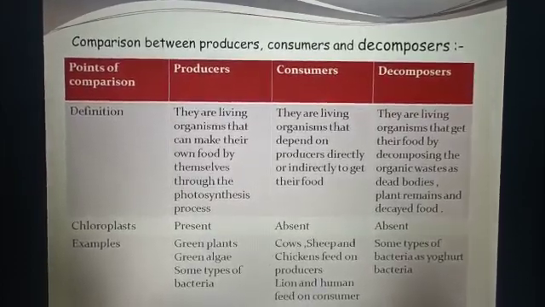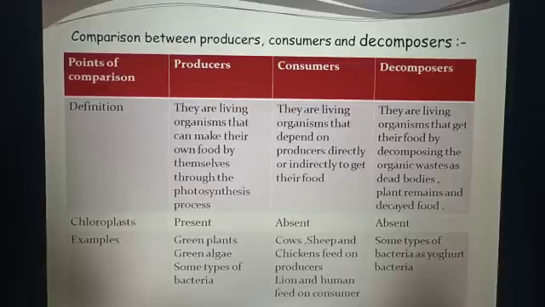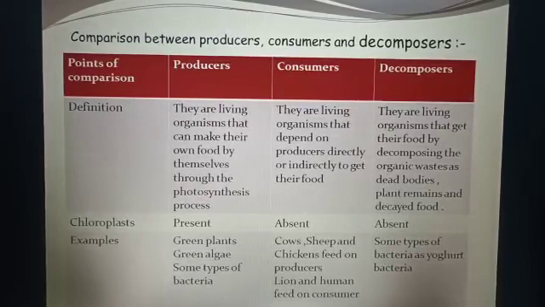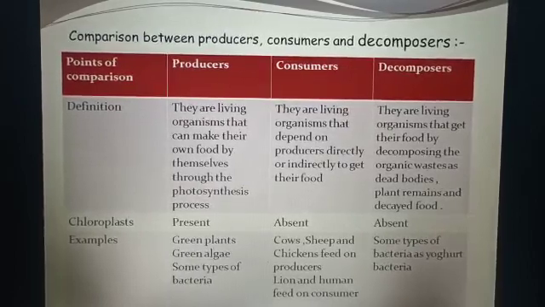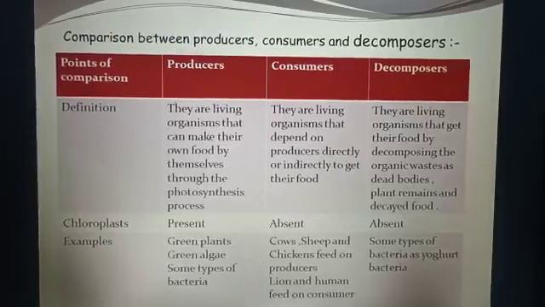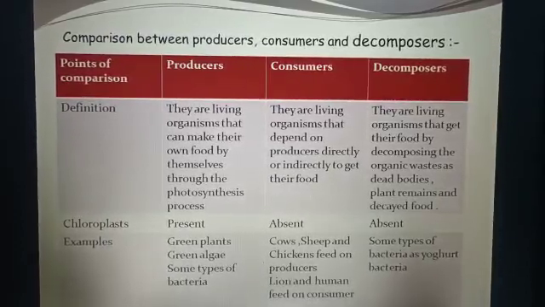And what is the decomposer? The decomposers are living organisms that get their food by decomposing organic wastes, dead bodies, plant remains, and decayed food. And they don't have chloroplasts also. Decomposers like what?